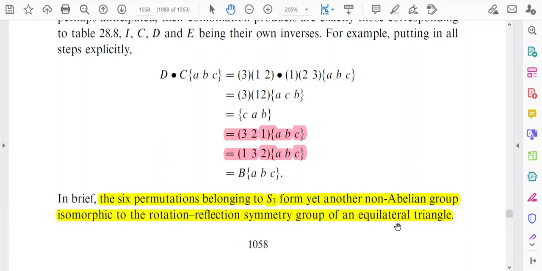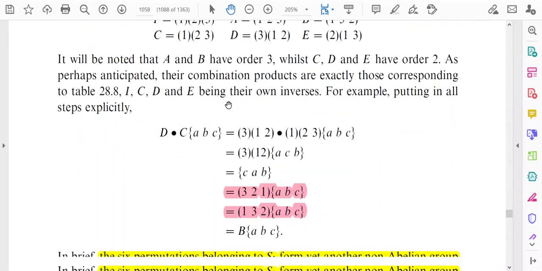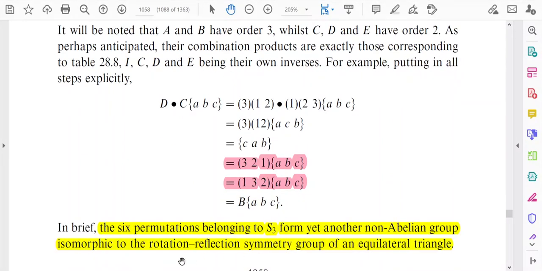So for n is equal to 3 we can form this group, and this permutation group is isomorphic to the rotation reflection symmetry group of an equilateral triangle.